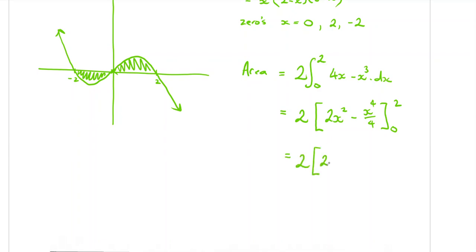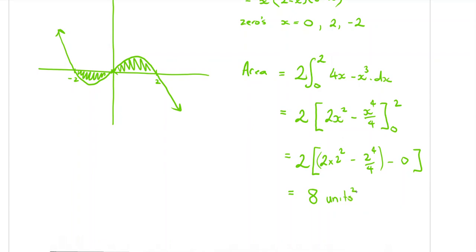Subbing in 2, we get 2 times 2 squared, minus 2 to the power of 4 over 4. And then we would go minus, sub in 0, but that's just 0. Everything's just 0. Then calculate, and I'll just tell you because I know we've done a lot of theory today. So that's 8 units squared.